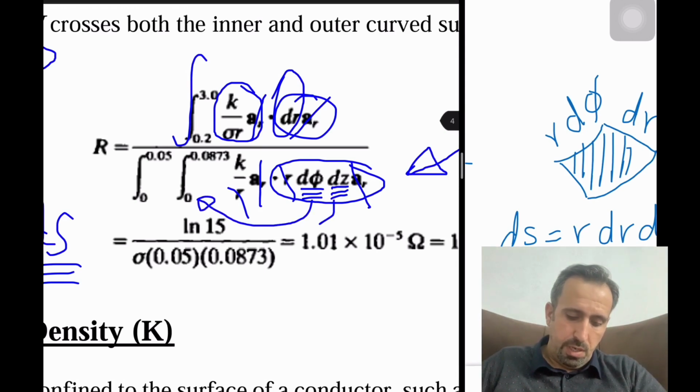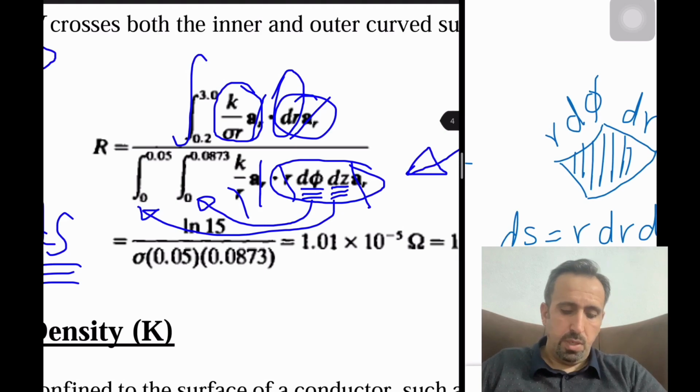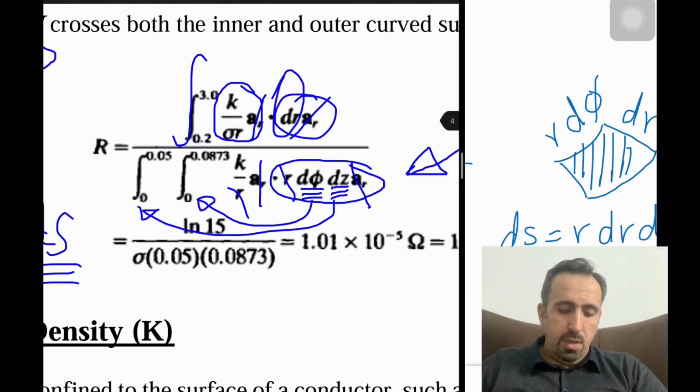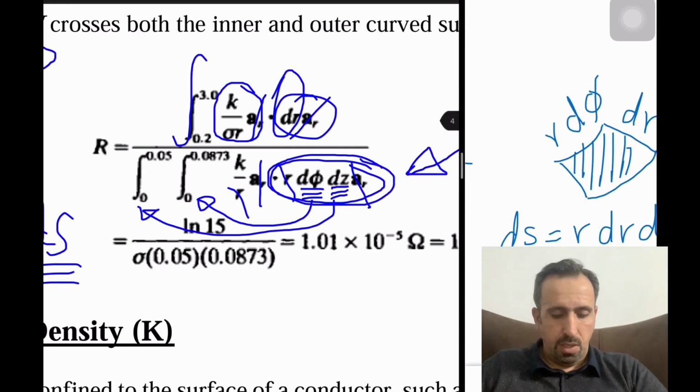This will be for the inner, this will be for the outer. Before this, you cannot judge which limits will be needed if you don't know what will be decided by ds. Why?